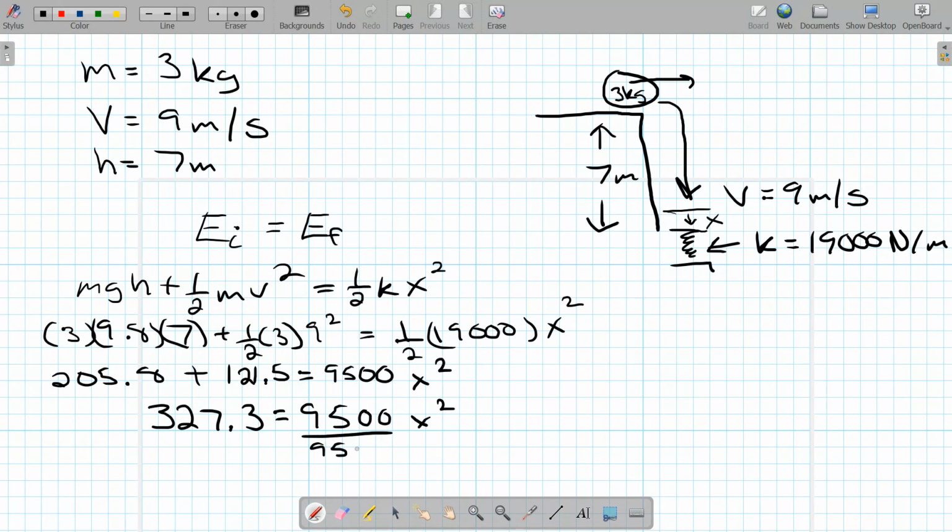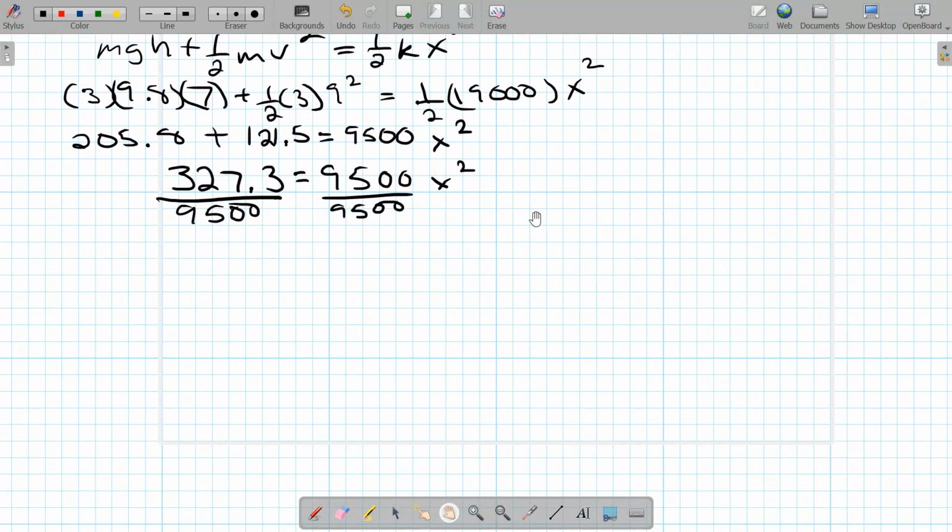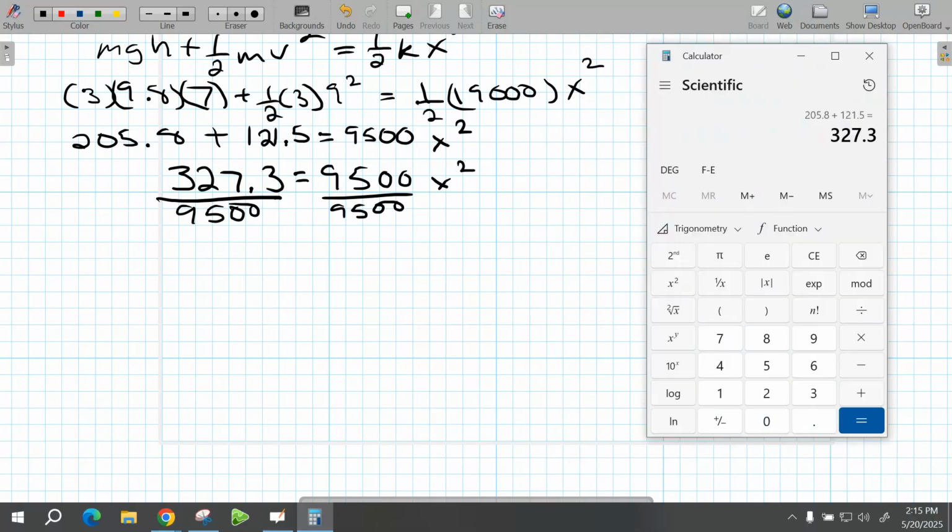Divide both sides by 9,500. And then, what's that? 327 divided by 9,500.